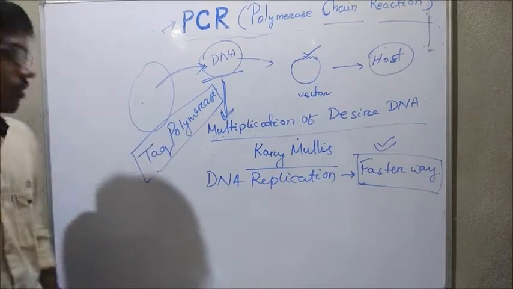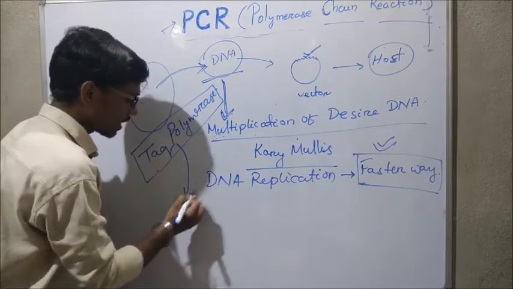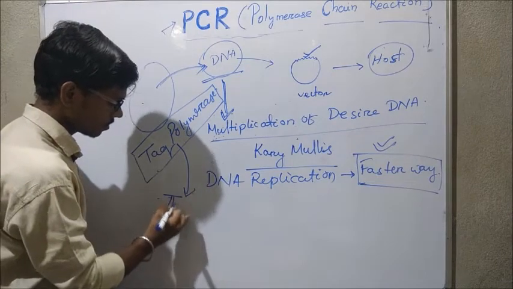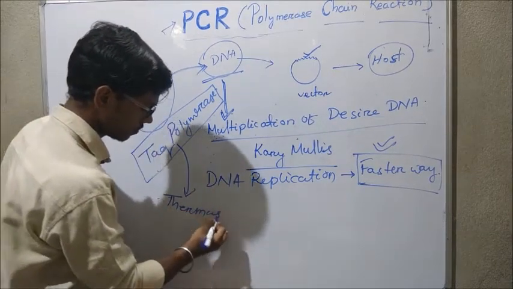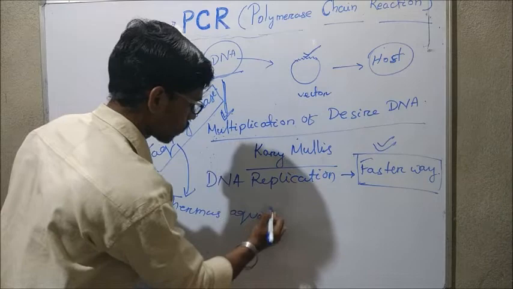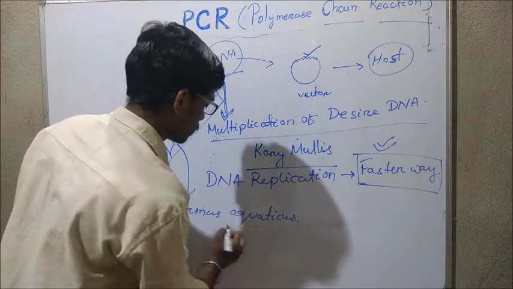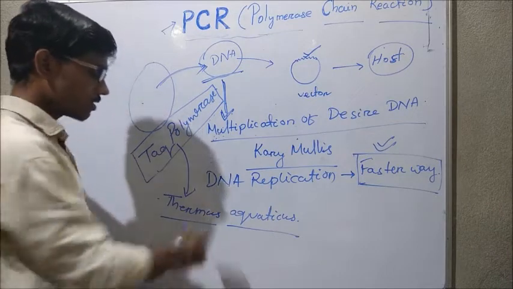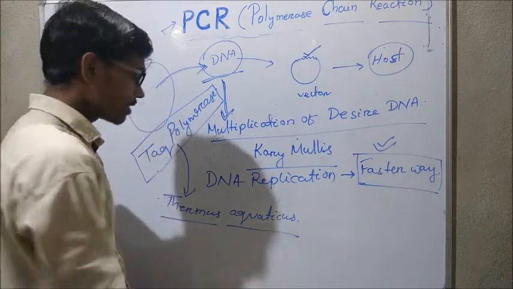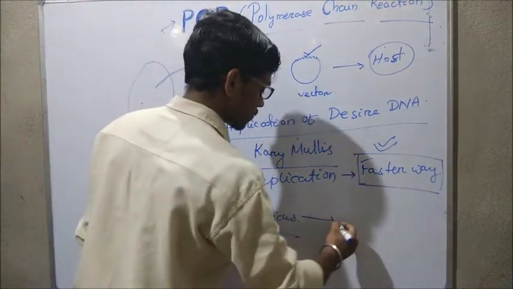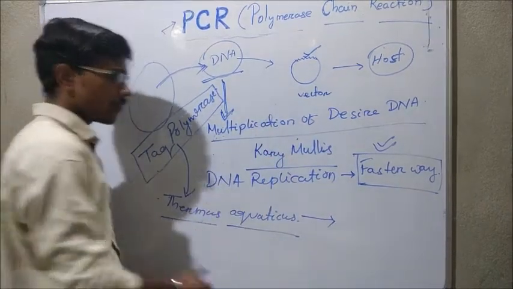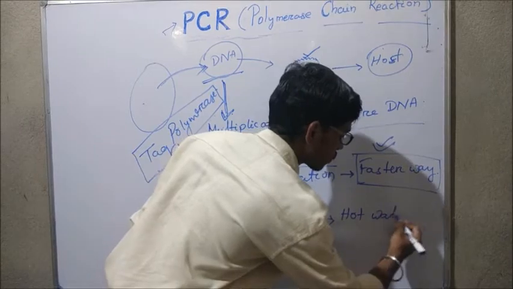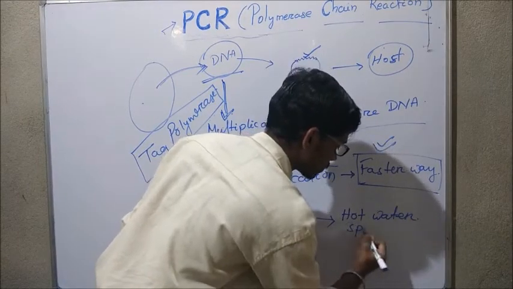This Taq polymerase is isolated from the bacterium Thermus aquaticus, and this Thermus aquaticus bacterium is found in hot spring water, in the hot water springs.